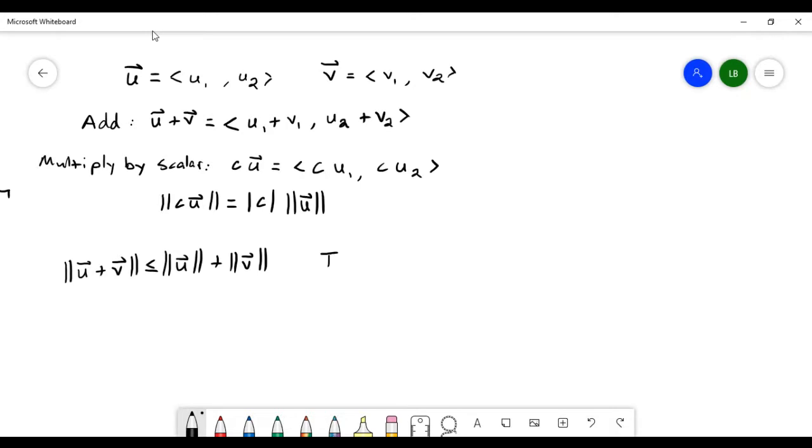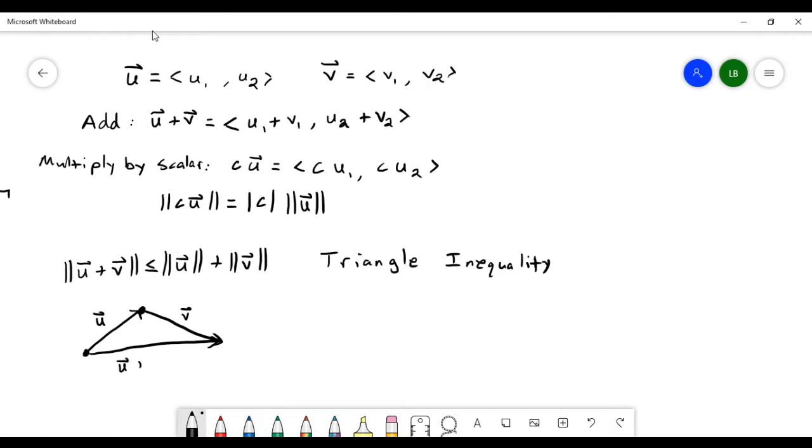And this is something very famous called the triangle inequality. The reason is, if you draw out a triangle, you can let two of its sides be vectors, like so. And then the third side would end up being the sum of those two vectors. So if this is u and this is v, this would be u plus v.